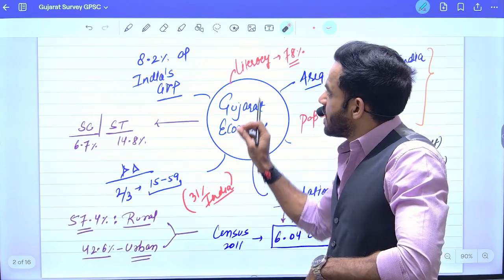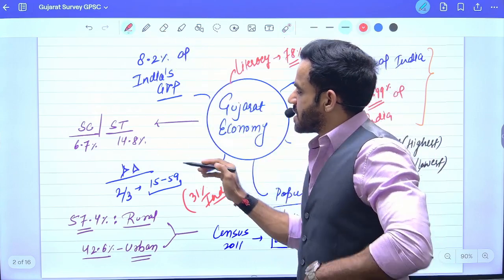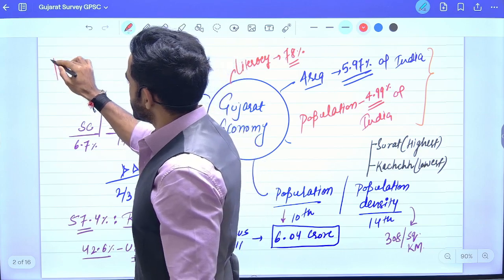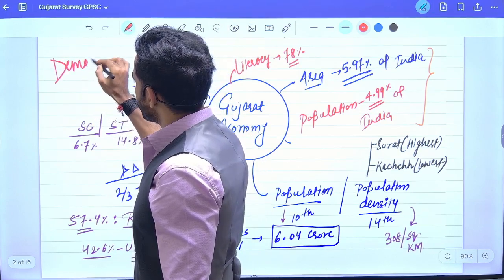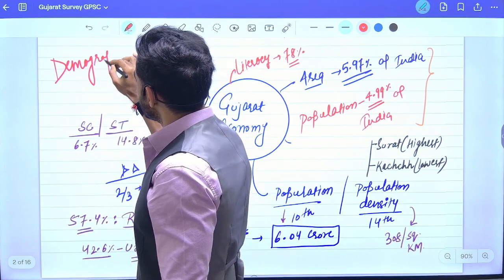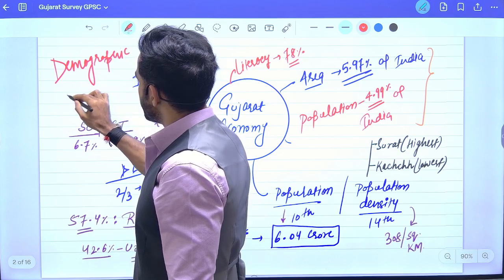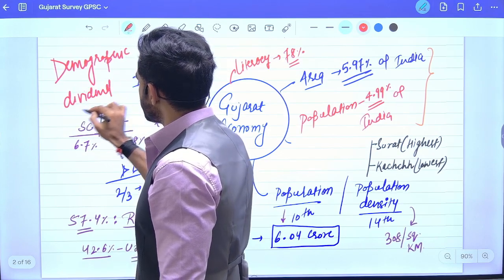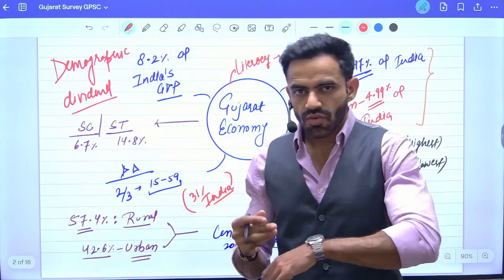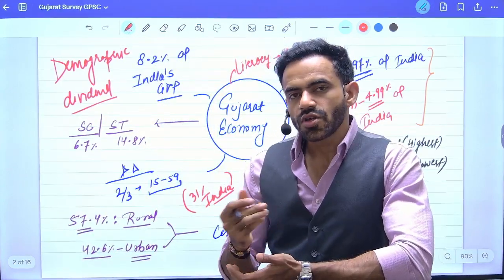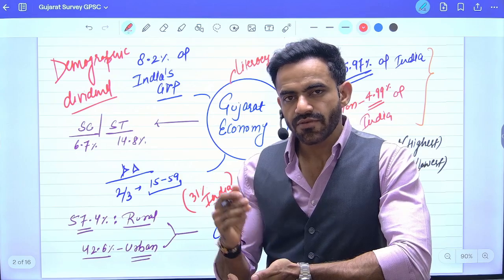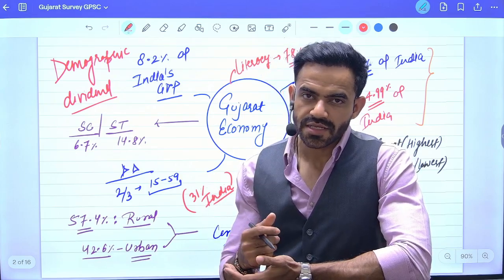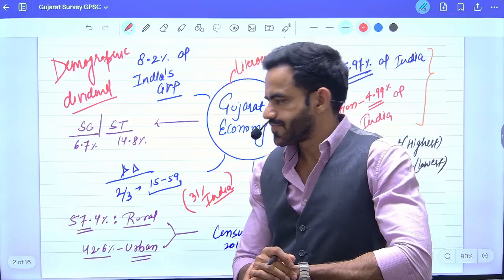And that is why this population is basically referred to as a demographic dividend. Demography basically means population. Dividend basically means good thing, asset. So, in a very simple sense, two-third population of Gujarat is in working age, and that is a good thing for the state. That's why it is referred to as a demographic dividend.